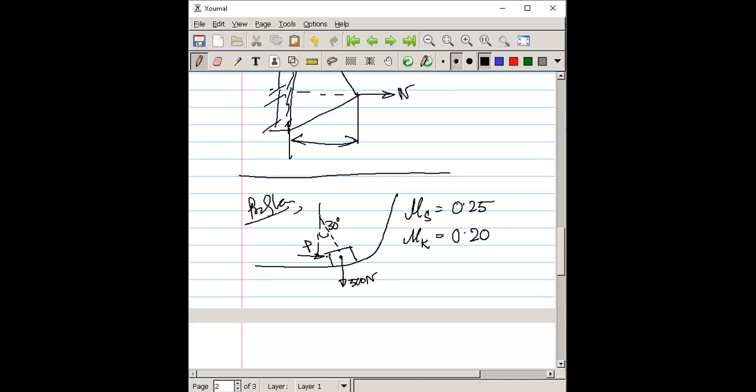If this type of problem comes, you have to find the range of value of P to maintain the system in equilibrium. Okay, so this is one type of friction problem.